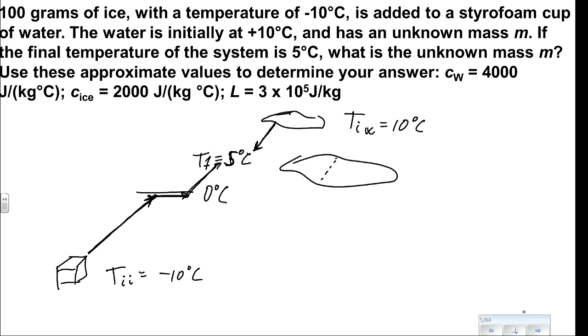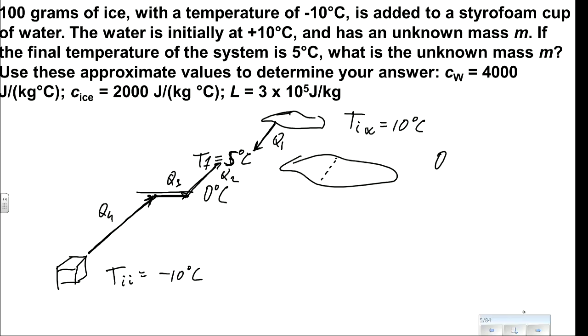For each process, we have a certain amount of heat released or absorbed. We can call them 1, 2, 3, 4. And now for each process, we can write the equation which represents that amount of heat.